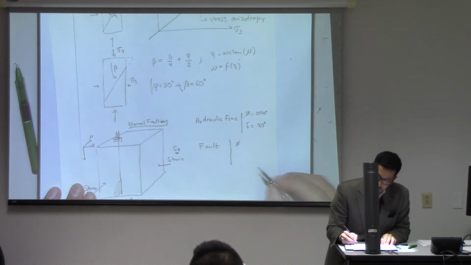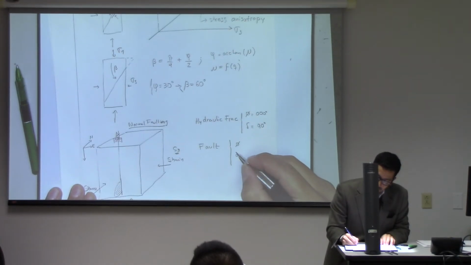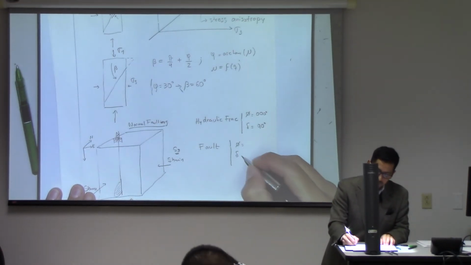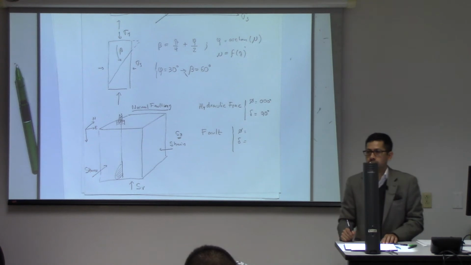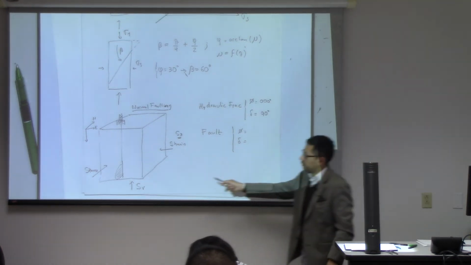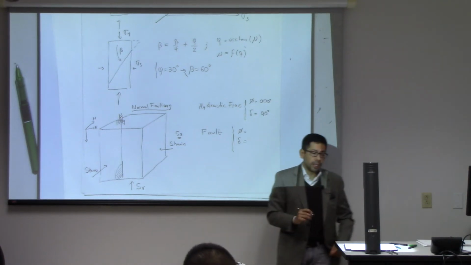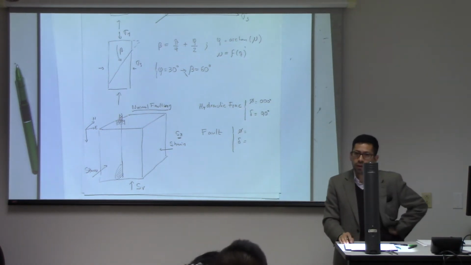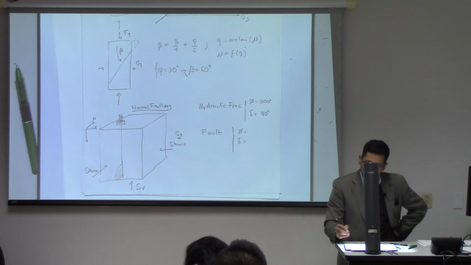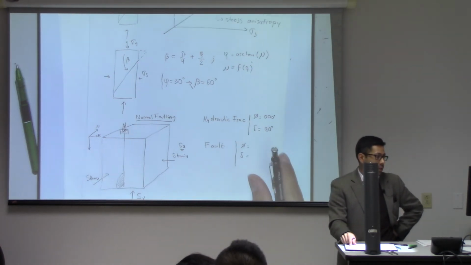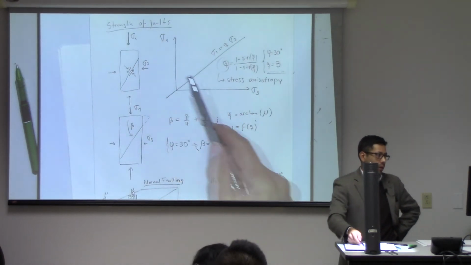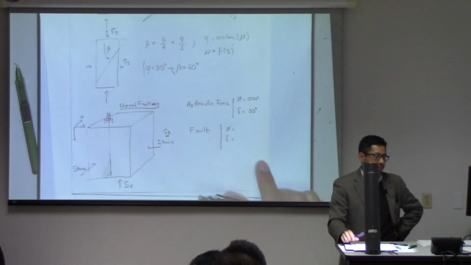I want to know what is a strike and what is the dip for this same location. This one we know very well: hydraulic fracture, relatively easy. What about the ideal orientation of a fault? And a fault, remember, is the same as a shear fracture.